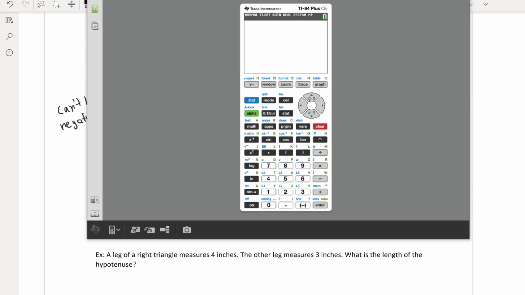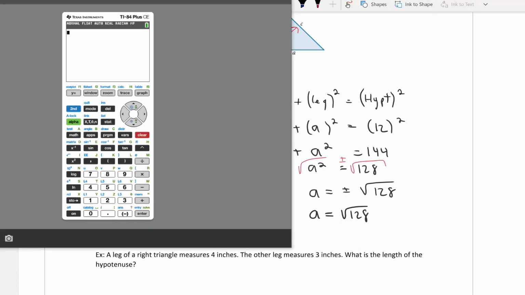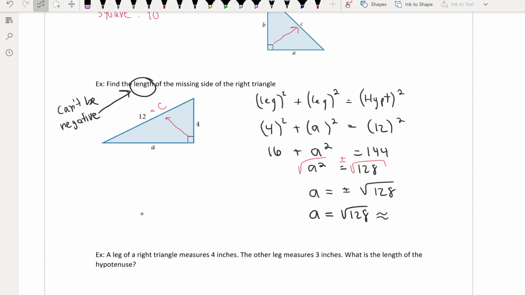Now, of course, you can put that into your calculator if you wish, so that the square root of 128 is equal to 11.31370. So let's round that to the nearest tenth. So that would be the first decimal. So that would be 11.3. So then that would be my final answer.